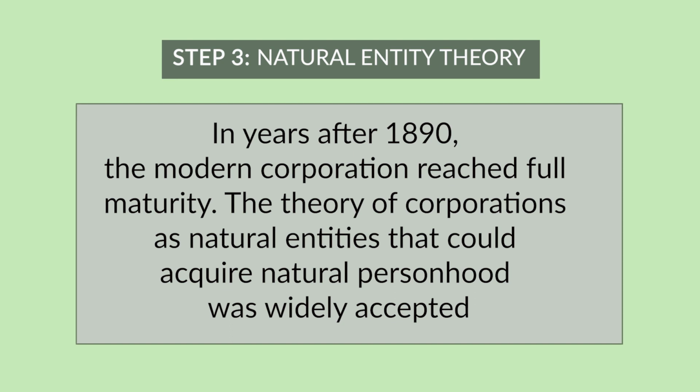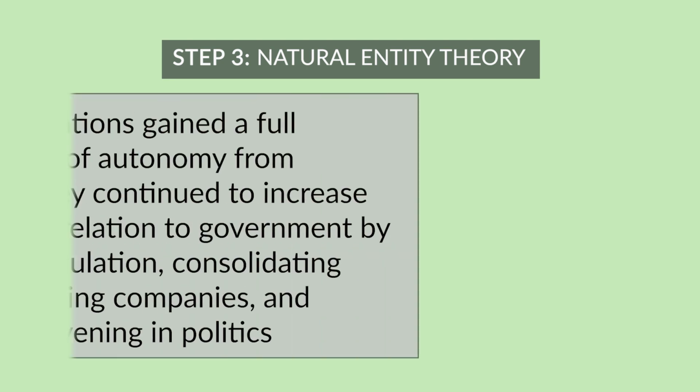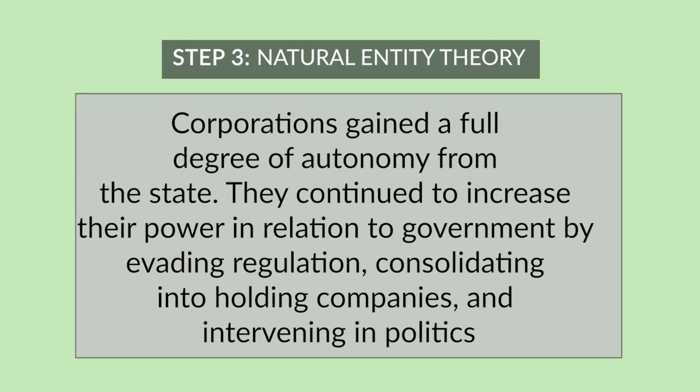The theory of corporations as natural entities that could acquire natural personhood was widely accepted by scholars and researchers alike. Corporations had gained a full degree of autonomy from the state. They went on to increase their power in relation to the government by evading various types of regulations, by consolidating into holding companies, and also by intervening in politics.